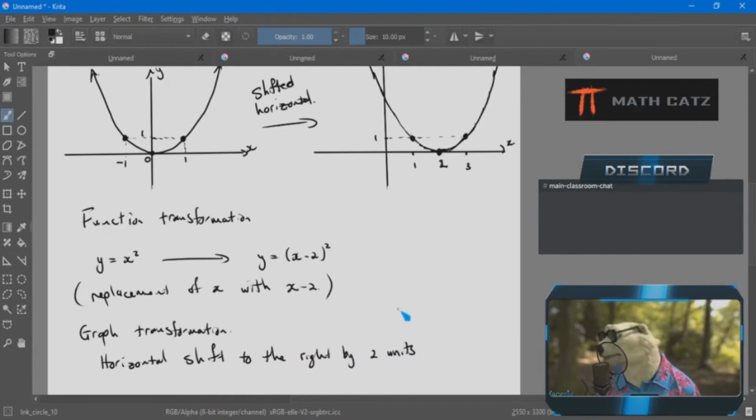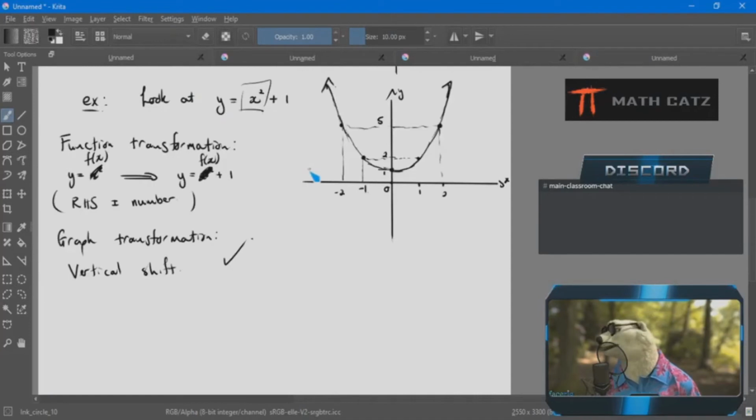So a couple of things here. It's maybe counterintuitive for some that even though it was a subtraction, x minus 2, I shifted to the right. I shifted in the positive x direction. I just have to make a mental note that it's opposite to what I might think. When I looked at the vertical shift, adding a number meant moving up the y-axis.